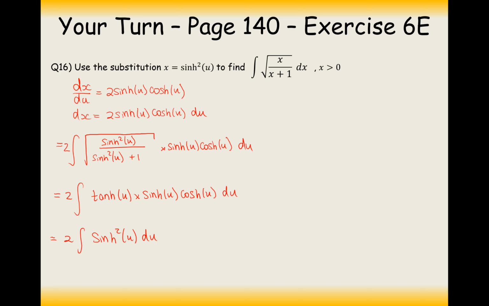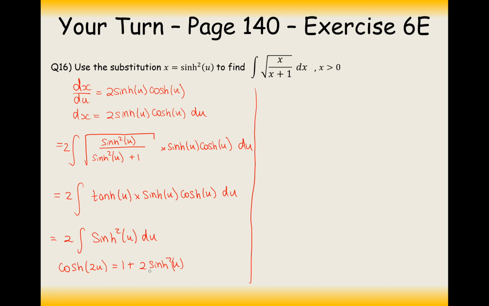So now we're integrating sinh squared. The way that we do this is with the cosh double angle identity, cosh 2u is equal to 1 plus 2 sinh squared u.